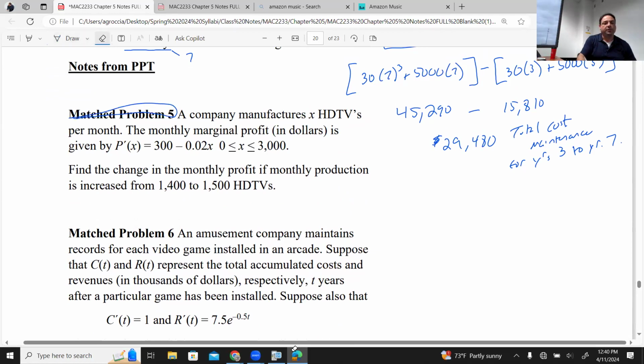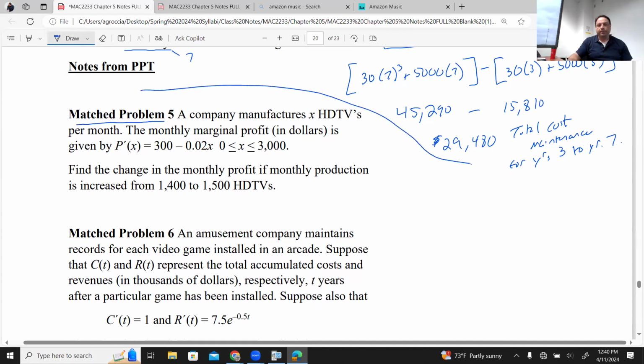That was a circle. This one. Okay. Let me kind of separate this out. Company manufactures X HD TVs per month. So look at it. It's TVs per month. So they're giving you a derivative. They're giving you a rate of change. How many TVs they sell per month. So they're giving you marginal profit.